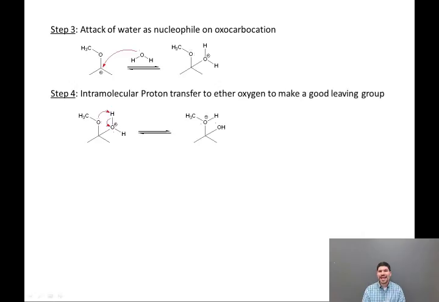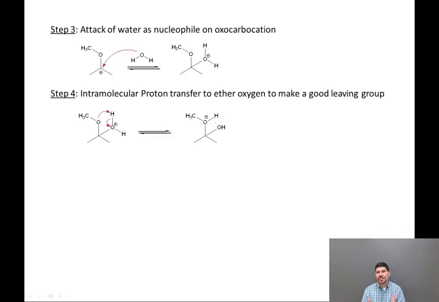Now, the next thing that has to happen is we have to transfer one of those hydrogens on the oxygen that just came in to the other ether oxygen to make the ether oxygen into a leaving group and allow another molecule of neutral alcohol to leave.